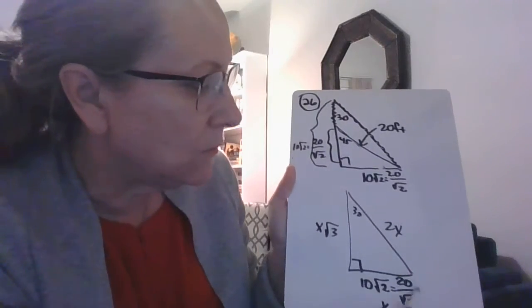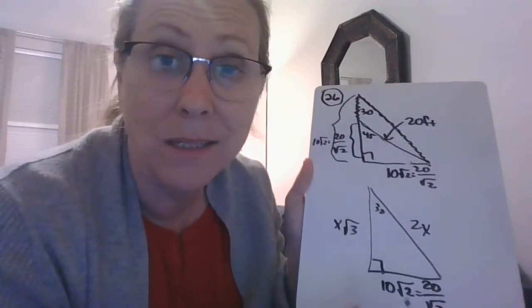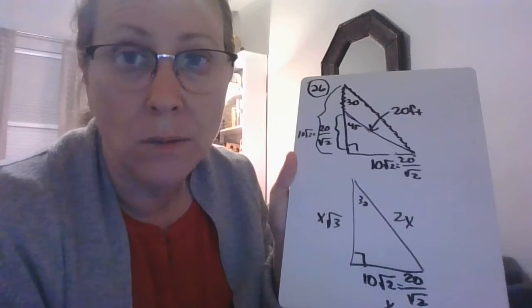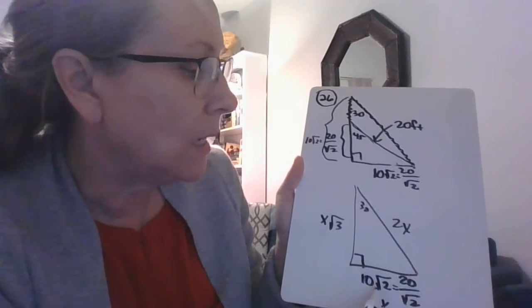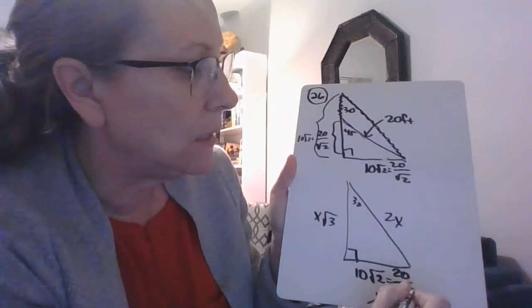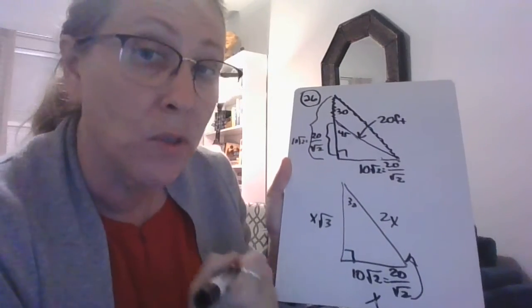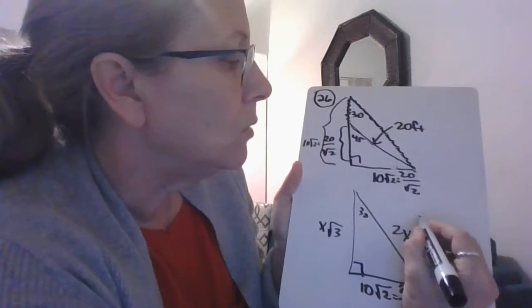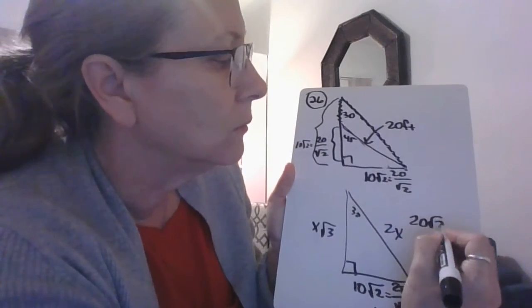Now, since they asked us to round to the nearest tenth, we can take 10 root 2 and double it. If we doubled it to get this brace, which is our first answer, 10 root 2 doubled would be 20 root 2.